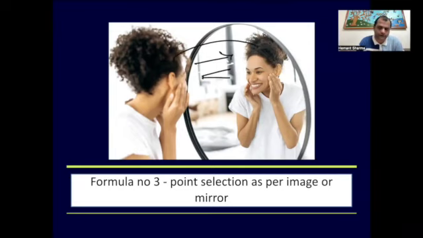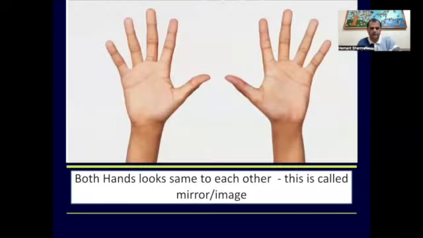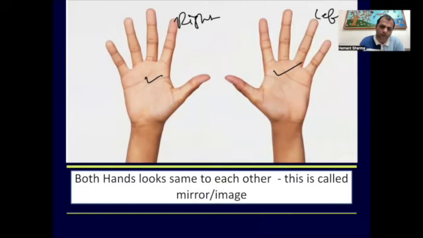This looks like this and this looks like this, everything looks the same. Both hands look the same. So this is the right hand and this is the left hand. Both hands look the same. So this is called mirror or image.